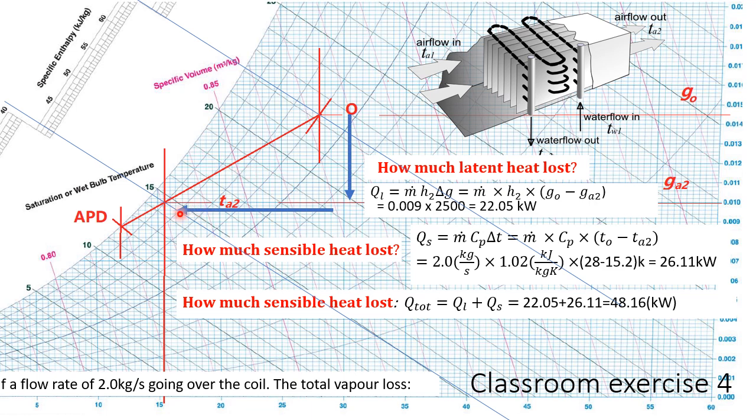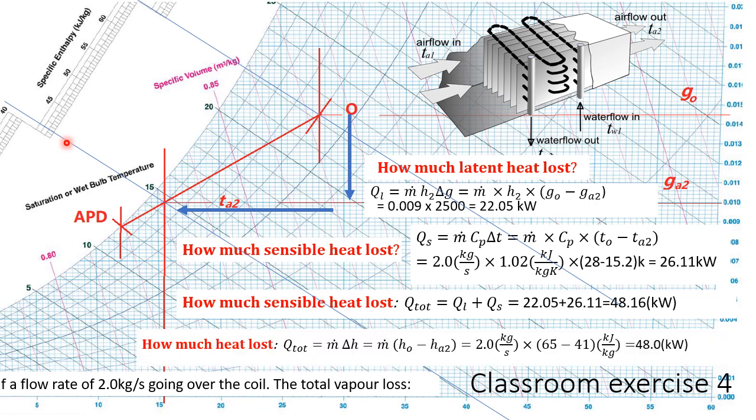Okay, so if we draw the diagonal lines to cross the off coil and the other to cross the O, this reading is 65 kilojoule per kilogram, and after the coil, it's only 41 kilojoule per kilogram, right? So the total heat lost will be mass flow rate multiplied by enthalpy change.